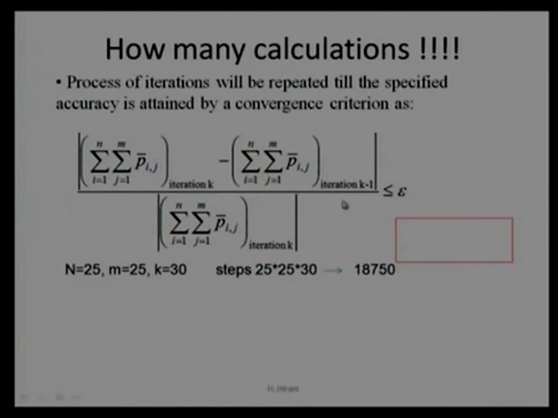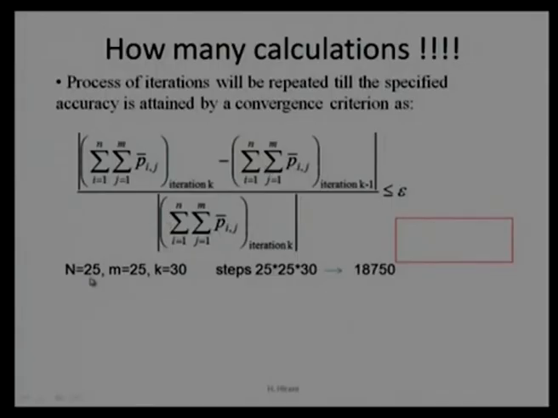It is subtracted from the previous iteration, and overall it will be an absolute value, because we are not talking about negative values, divided by the absolute value of the summation at the kth iteration. If this value is getting smaller and smaller, that means saturation is coming closer and closer, and that is indicated with a number epsilon. Epsilon can be 0.01, 0.005, or 0.001, depending on the solution accuracy required.